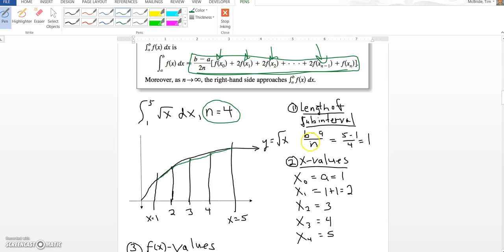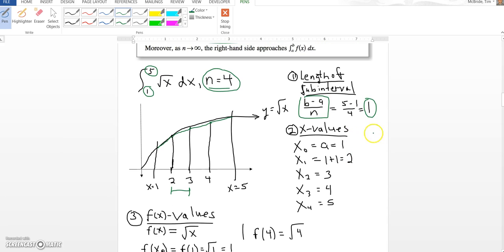So the first thing we need to do is find the length of each subinterval, and that is b minus a over n. So this is b, this is your a, and there's your n. To make the numbers nice, the length of each subinterval is 1.